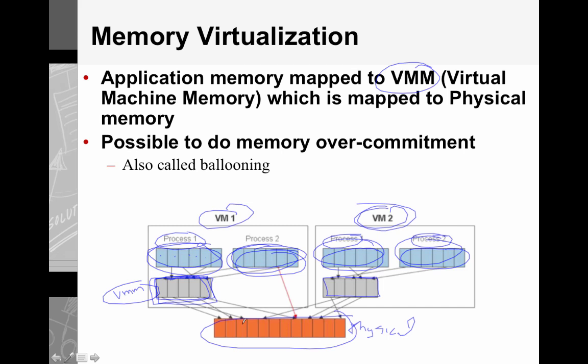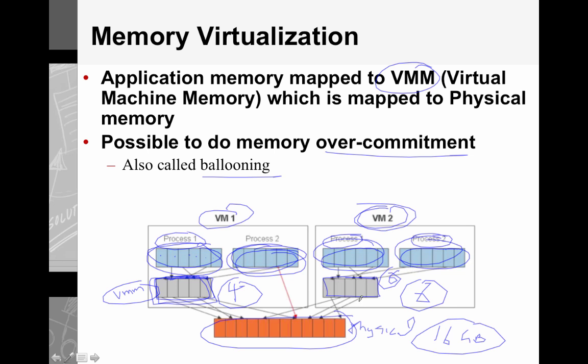Now in this model, something very interesting that can take place is overcommitment, also called ballooning. Now you may have only 16 gigabytes of RAM. Now you may say, I want to give 4 gigabytes to this VM and 8 gigabytes to this VM, but it's possible that this VM is really using 6 gigabytes and the other 2 gigabytes are not being utilized.